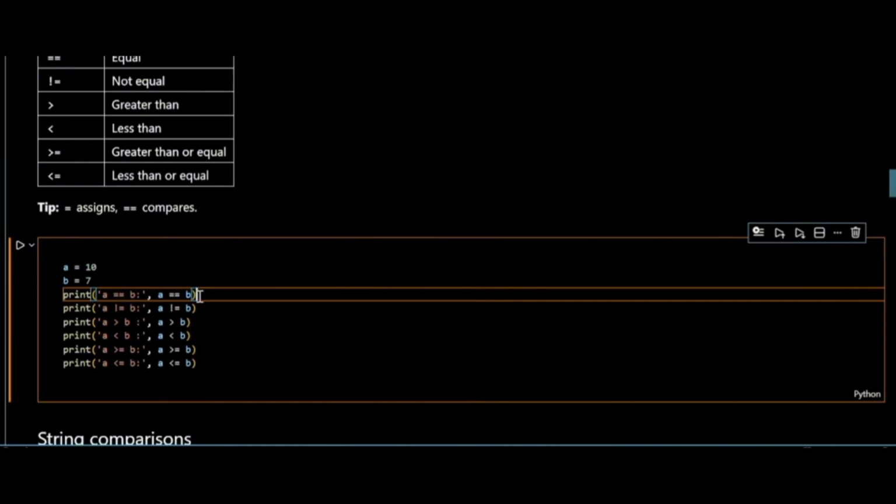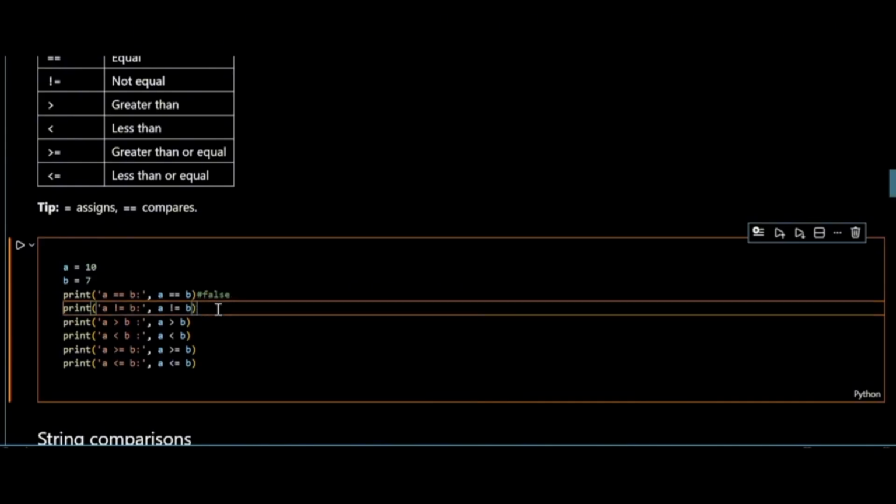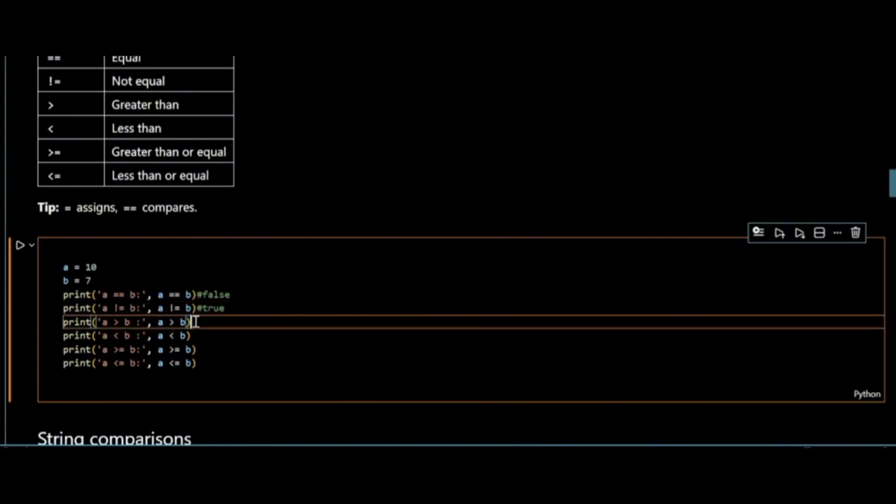So this will give us false. The expression under it is not equals to, which is true because they are not equal to each other. So this is a true value.